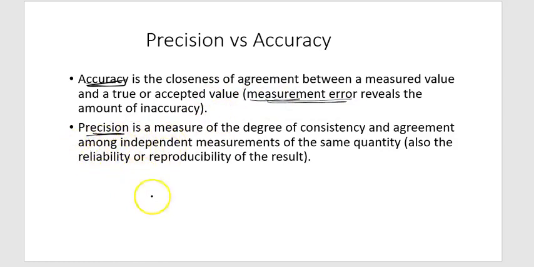Next comes precision. Precision is a degree of consistency and arrangement among independent measurements of the same quantity. Like if I measure length of a given object using a meter rule, okay, and I express all my readings in, say, centimeters, right?